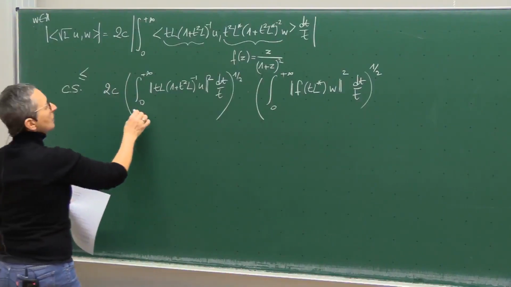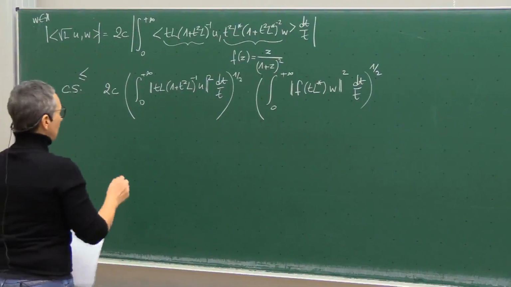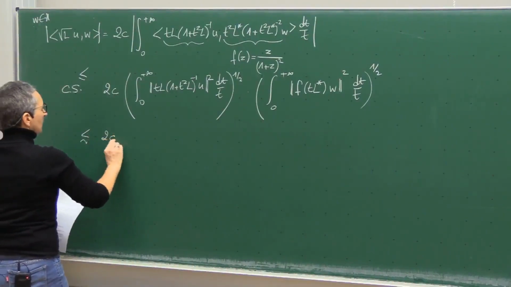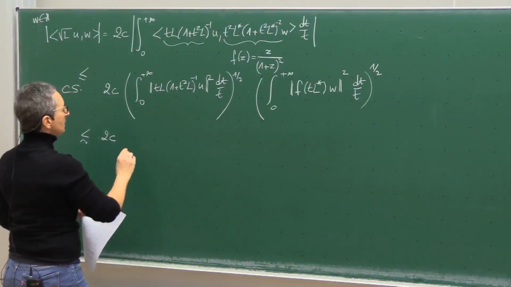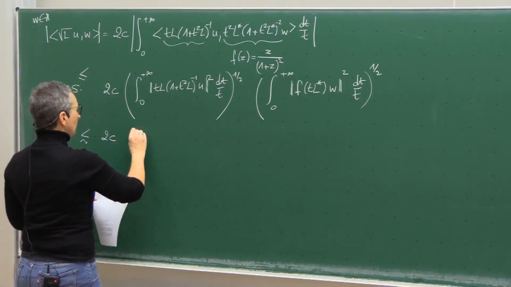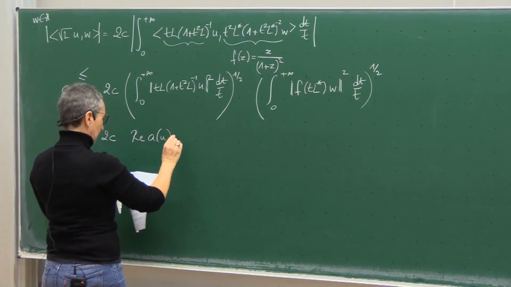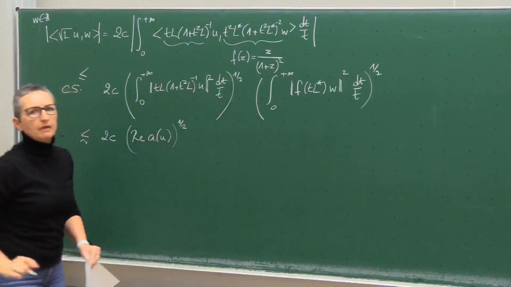So that one, by assumption B, which I unfortunately erased already, so I still have this 2c. That one is less than or equal to the real part of a of u to the power 1/2, because there's a power 1/2 here, right?